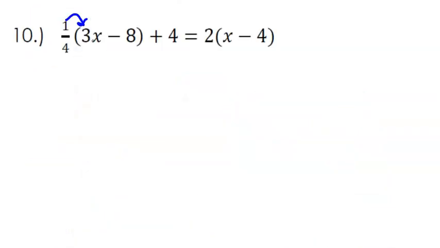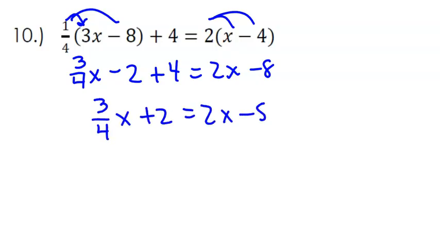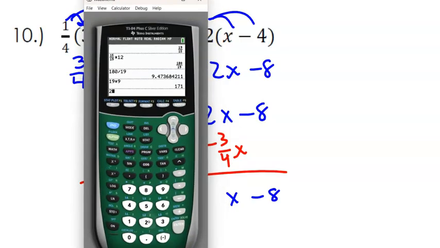Number 10, we're going to get 3/4 x minus 2 plus 4 equals 2x minus 8. So 3/4 x plus 2 equals 2x minus 8. I think this time I'm going to subtract 3/4. 2 is equal to 2 minus 3/4, which is 5/4.